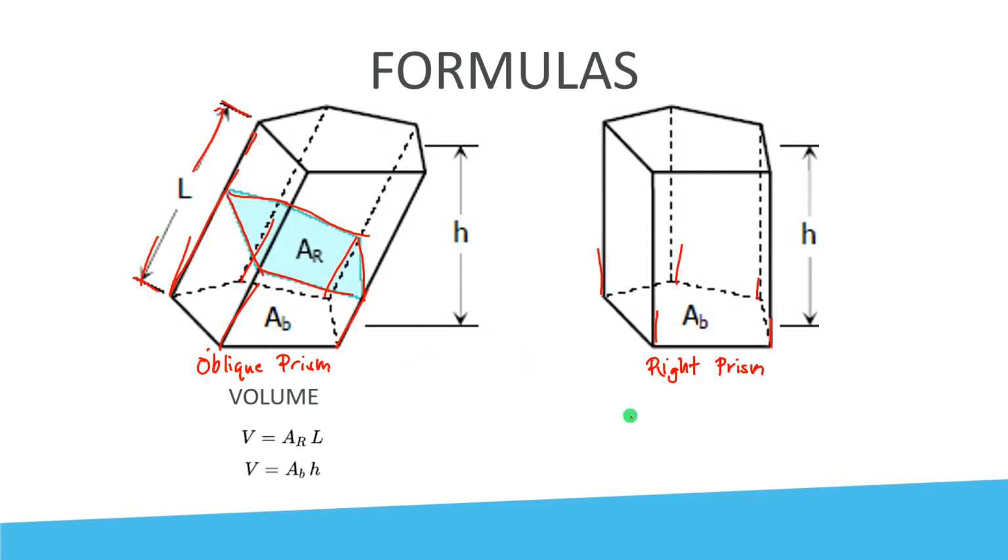For a right prism, just multiply the area of the base by the perpendicular distance, or height or altitude, of that prism, which is h.